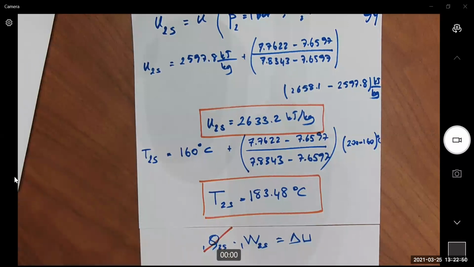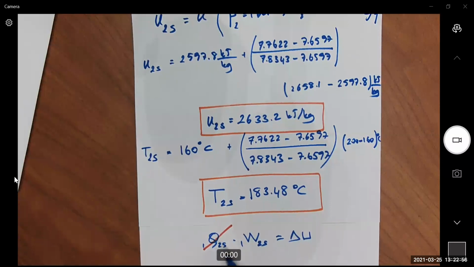Being reversible or irreversible doesn't affect adiabatic conditions. Q is still 0. Work from state 1 to state 2 for reversible is minus m times (U2s minus U1). I know everything to find my reversible work.